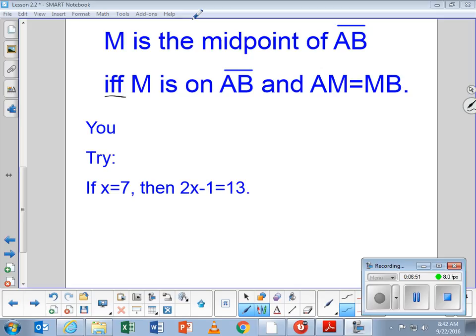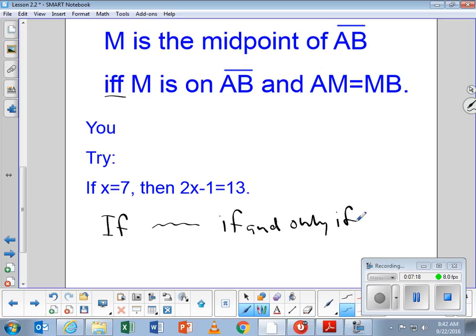Since the converse and the original condition are both true, then it wouldn't matter which way you wrote them, and you throw the if and only if in the middle. Okay? It wouldn't matter. Nice job. Many times on the first attempt, people are trying to tell me if, whatever, if and only if, then, whatever.